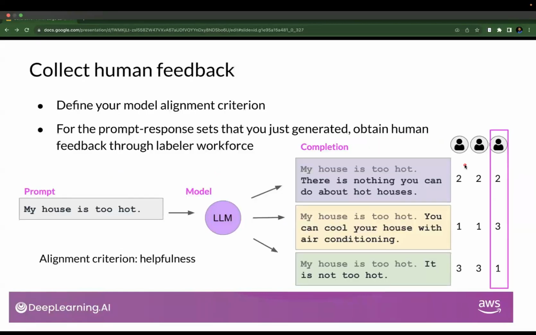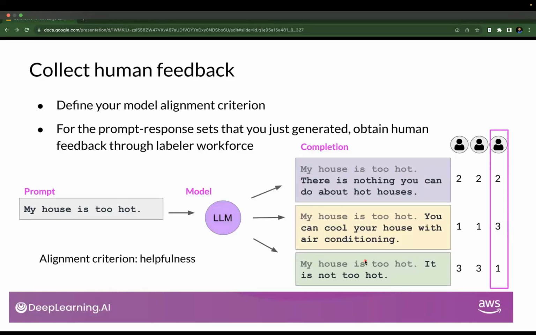Then with the human feedback, we have a human labeler, who labels the completions based on the criteria. Let's say the criteria is helpfulness, and for one prompt, there have been 3 completions. All these 3 completions will be ranked 1, 2, 3 based on how helpful they are.